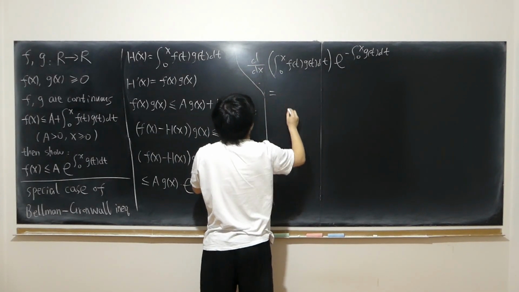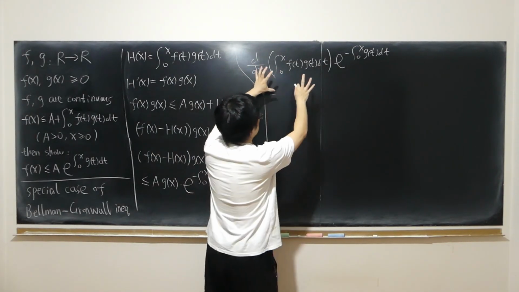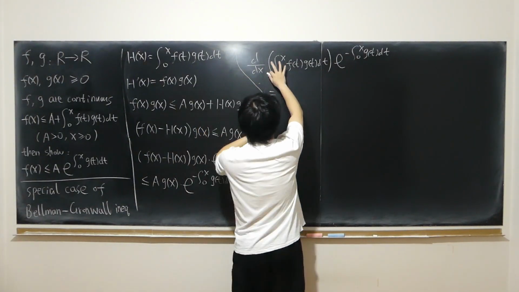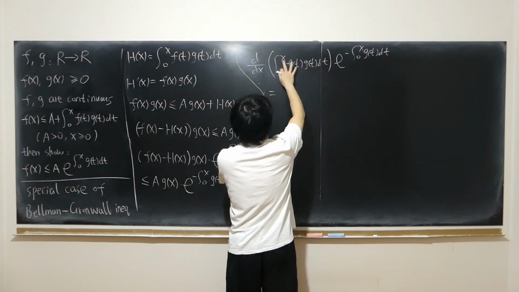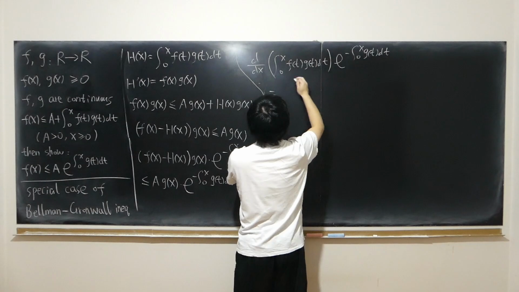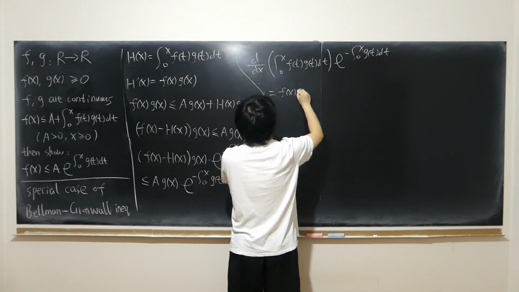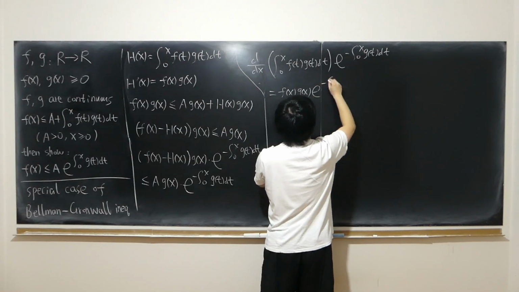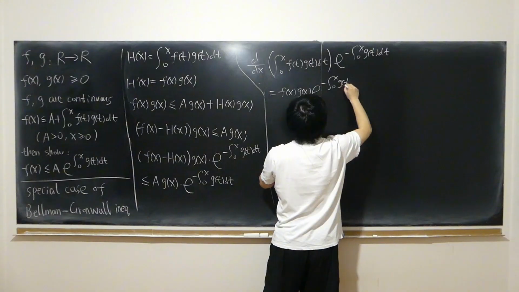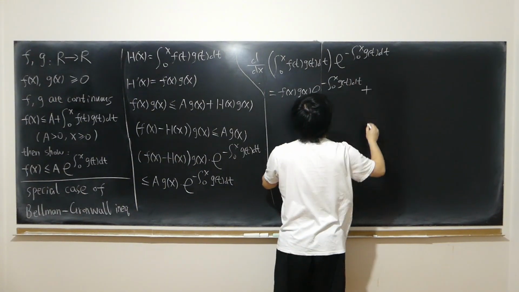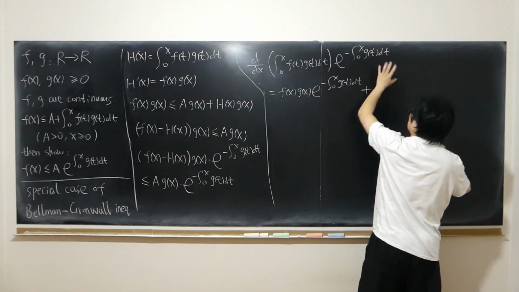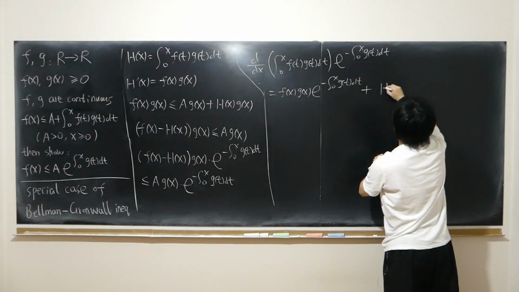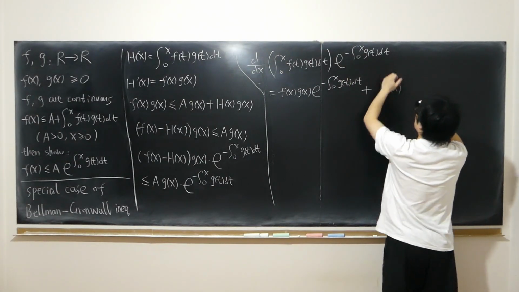It's a product of two functions, so the derivative is simply: differentiate this, keep this. When you differentiate this, notice this is h of x, so f of x times g of x, keep this, e to the negative integral of g of t dt, plus keep this, h of x, differentiate this.